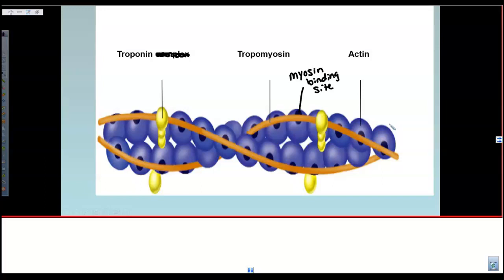Okay. Do you see how it is blocked? That's important. So this guy's called troponin. That one's also called troponin. And on troponin, there's some little binding sites as well. I'm just going to label the one over here because it's going to get messy. So this is actually a calcium ion binding site.